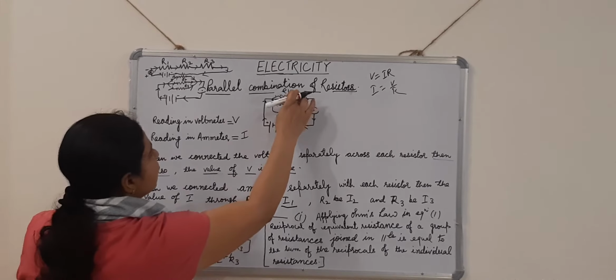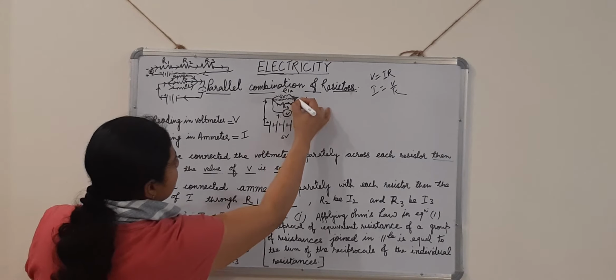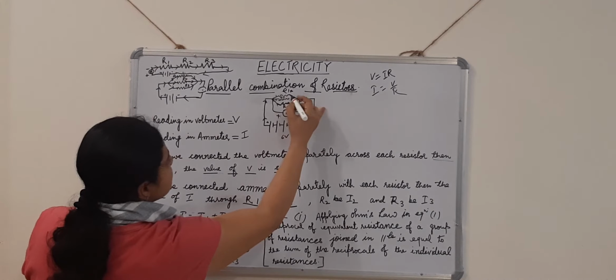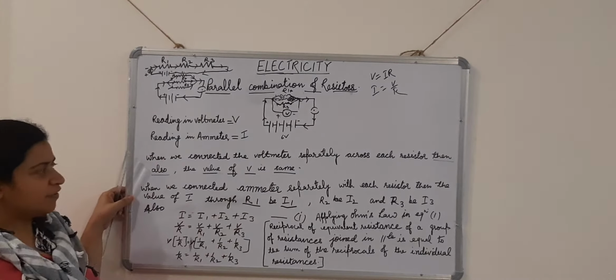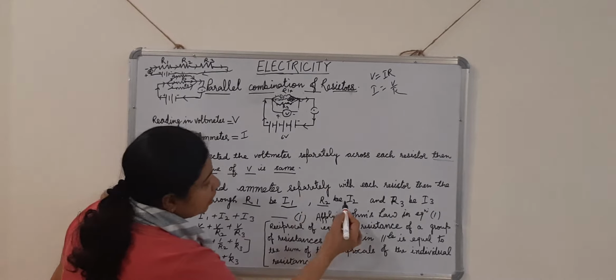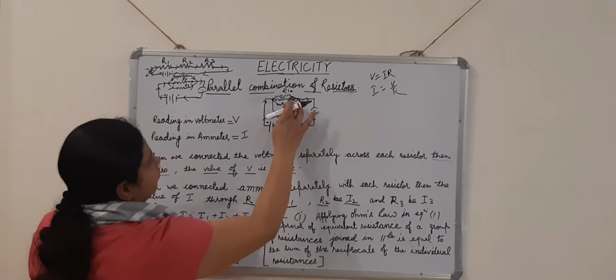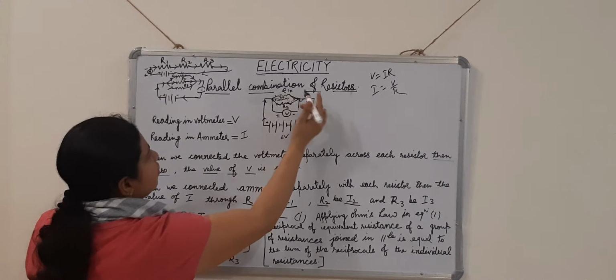Now I remove the ammeter from this combination. Now I will put it across resistance 2. Then again I will note down the current flowing through resistor 2, the value in the ammeter is I2. Now let me again remove this from here.